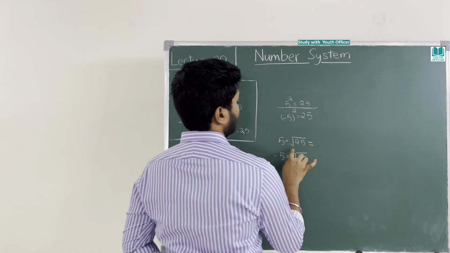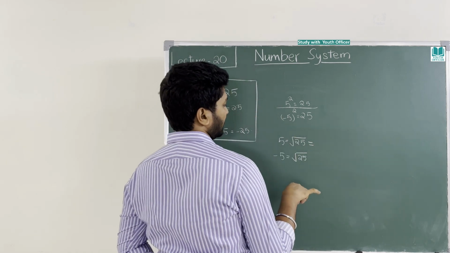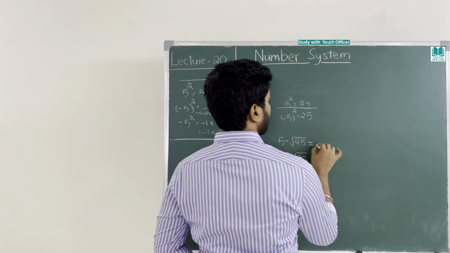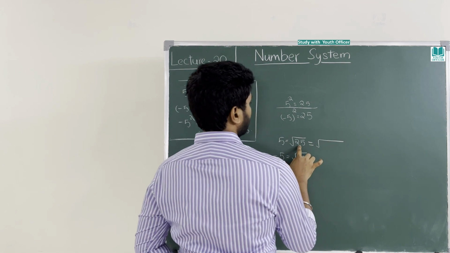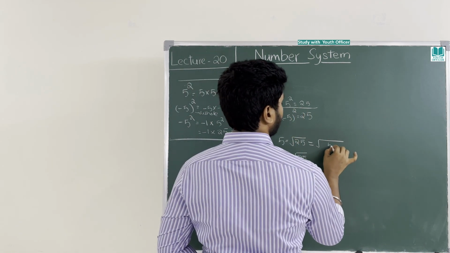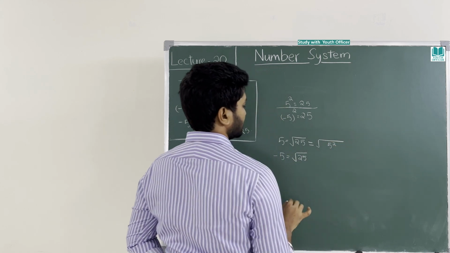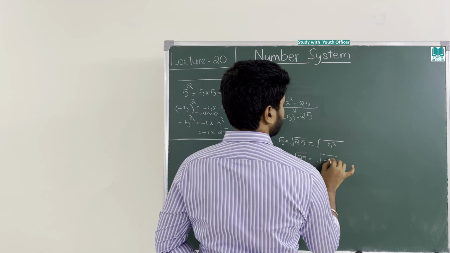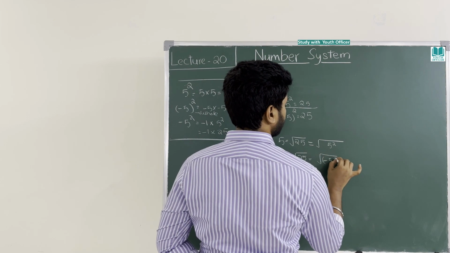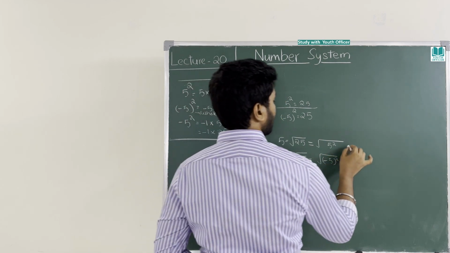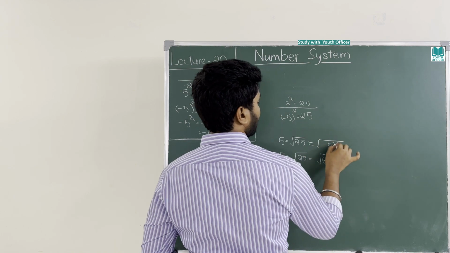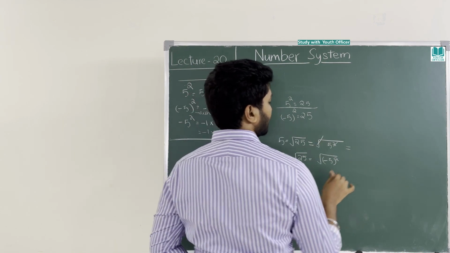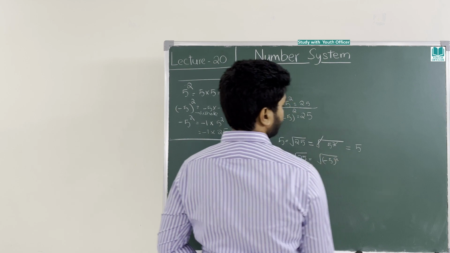Now I want to calculate how the square root of 25 will come into the picture. Square root of 25 means 5 square. Here, 25 means square root of minus 5 whole square. I told you square and square root get cancelled. The answer is 5.